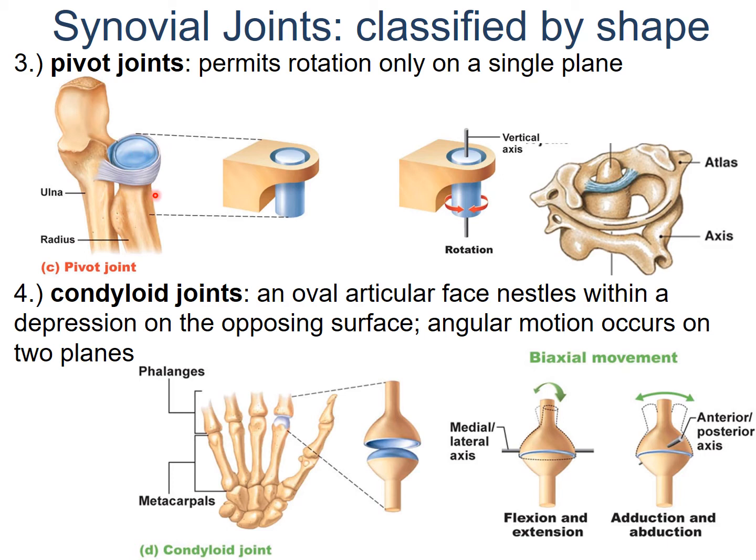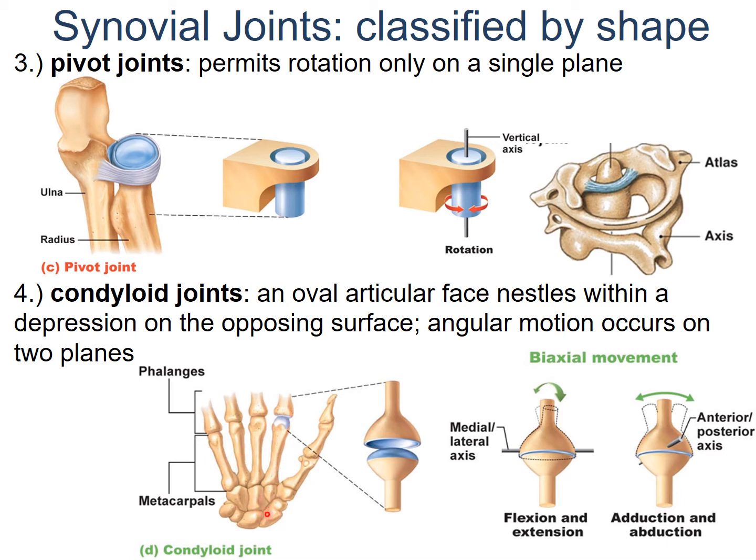Number 4 is a condyloid joint. So here, an oval articular face nestles within a depression on the opposing surface. Angular motion occurs on 2 planes. So we're back to looking at the hand, and again, the metacarpals are in the palms of your hands.